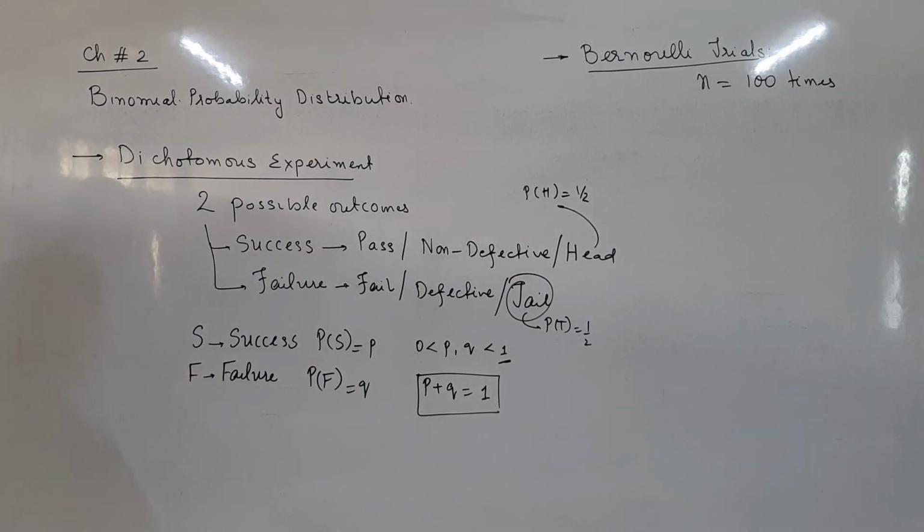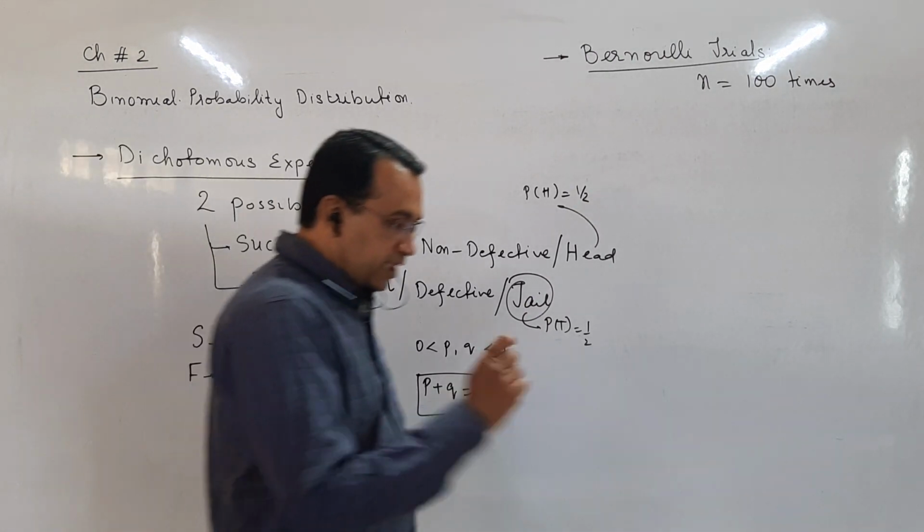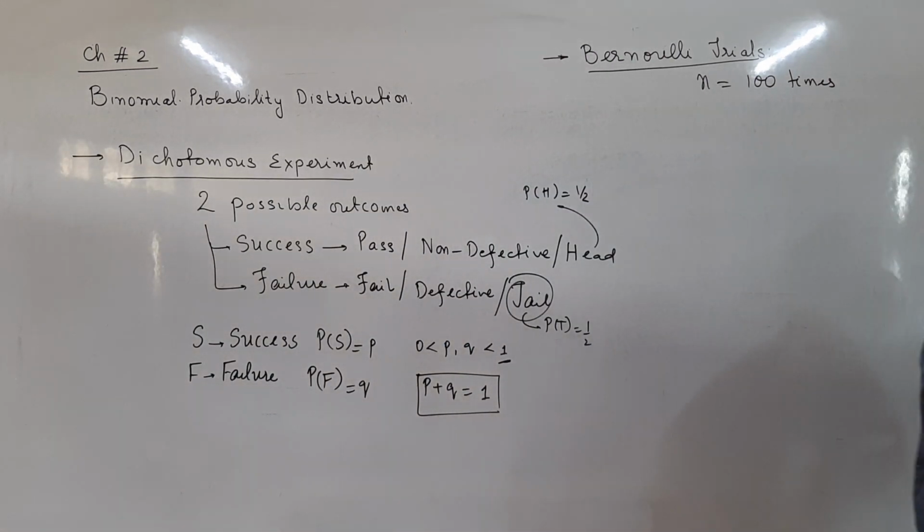We are carrying forward our theory with the dichotomous experiment of tossing a coin, because tossing a coin has, students, 2 possible outcomes, out of which one is success and the other outcome is failure. Getting a head is success and getting a tail is failure. So, students, now the formal definition of Bernoulli trial: suppose a dichotomous random experiment is repeated n times under identical conditions.